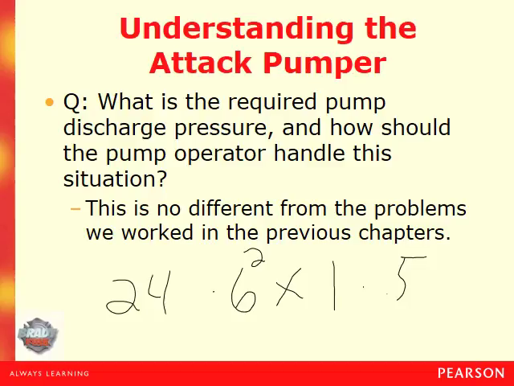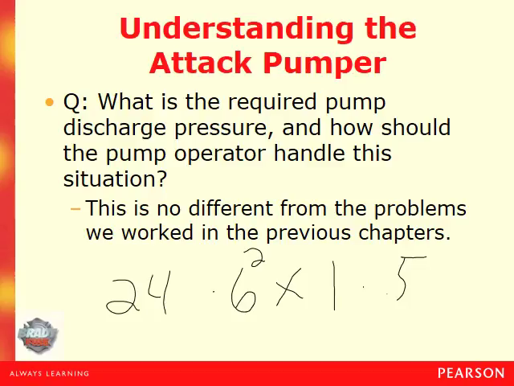Now make sure you don't forget your decimal points, because that'll screw up your answer every time. 0.6 times 0.6 gives you 0.36. And then, of course, multiply that by 24. And then multiply that by our 1.5.